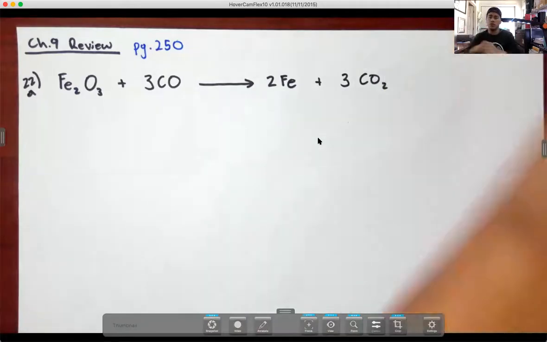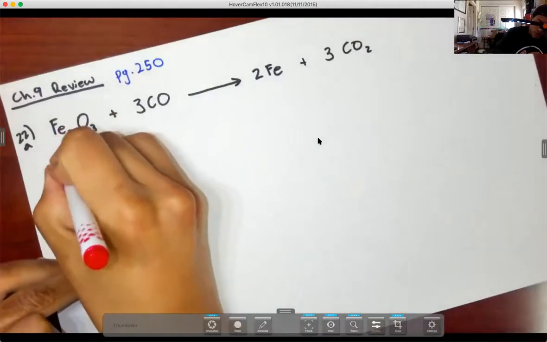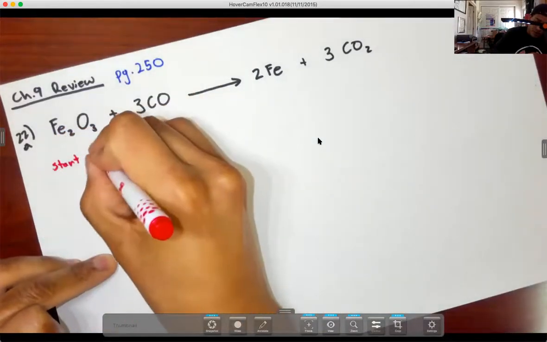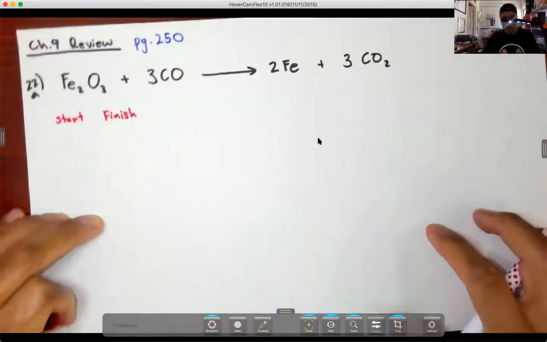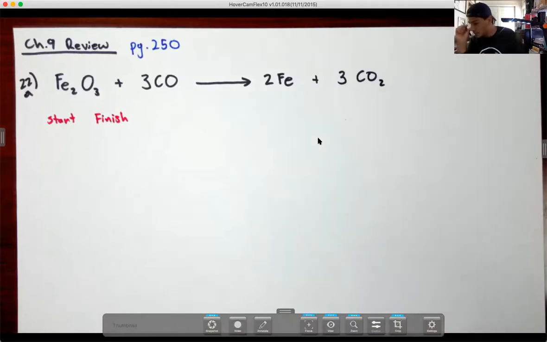The first thing we want to do with these problems always is find out what we're starting with and what we want to finish with. Normally what we're starting with is whatever the problem gives us. Camille, what are we starting with? What is the problem giving to us? The equation. Okay, it gives us the equation, but I'm talking about specifically letter A. What is pretty much the only value that it gives us? 262 moles.